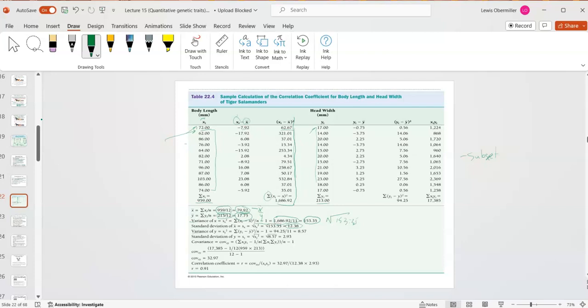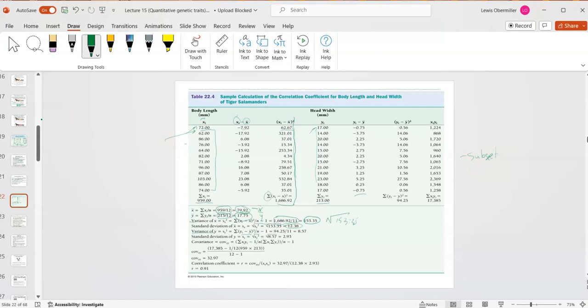Now we're going to do the same thing, get the variance of y. So we add them all up. We take the mean, subtract it from the actual value, and so we get y1 minus the mean. These are the values that we get.